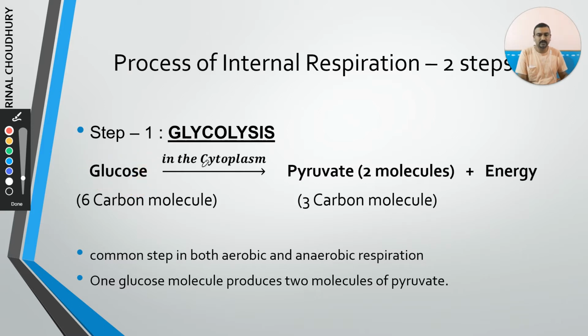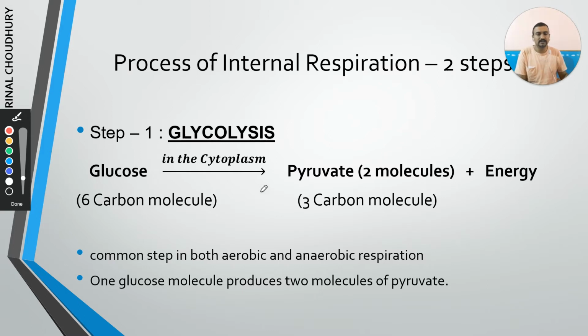This process always takes place in the cytoplasm of a cell, and when the glucose breaks down, it gives a molecule known as pyruvate, which is a 3-carbon molecule. Glucose contains 6 carbons. If you recall the molecular formula of glucose, it was C6H12O6. So there are 6 carbons in one molecule of glucose.